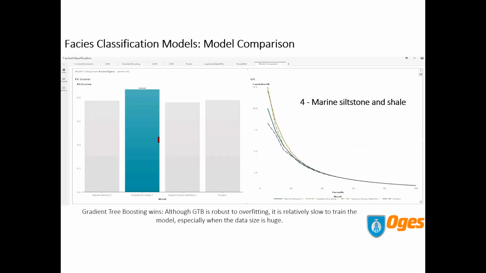And in this case, this is the software that is enabling us to quickly compare all those different models. The champion model selected here was the gradient tree boosting, and you can see a lift chart over here that bears that out.